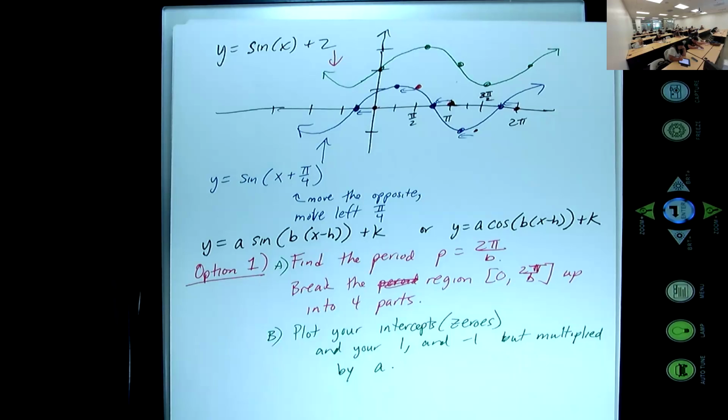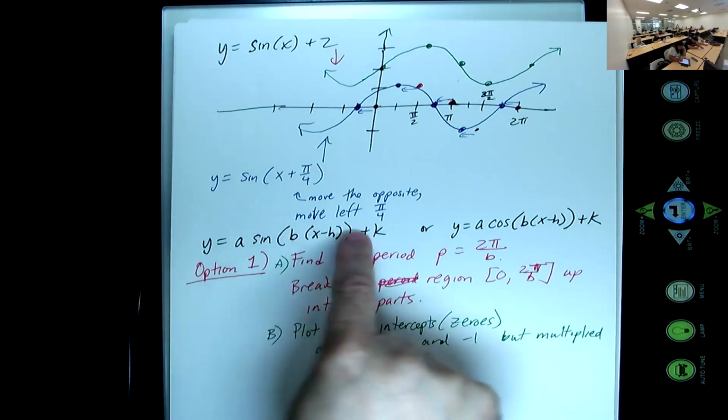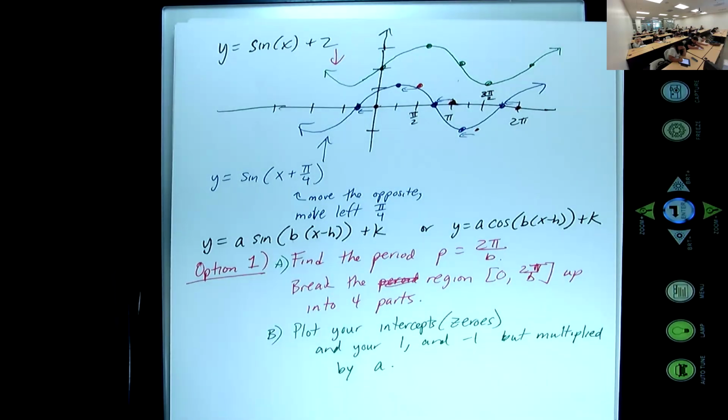Once you got this, it's really easy at this point, if you got the B factored out, and it's important you have the B factored out, otherwise you're gonna move it the wrong way, or move it the wrong amount.